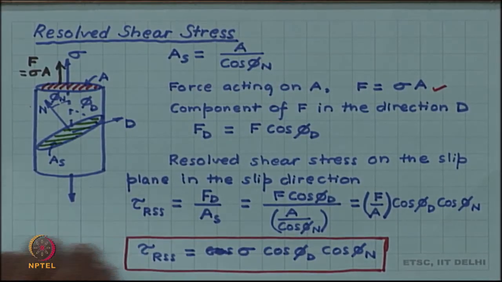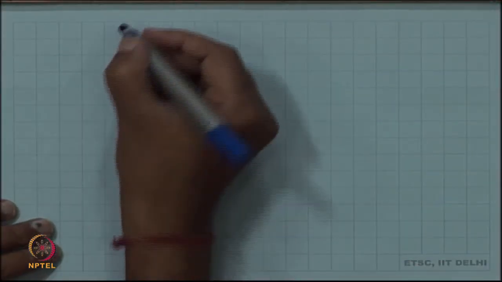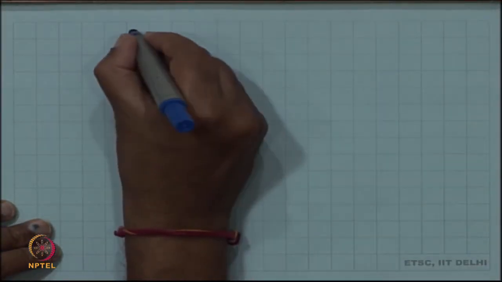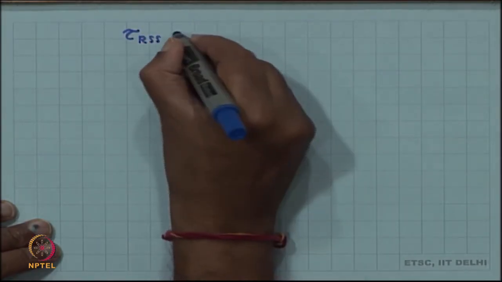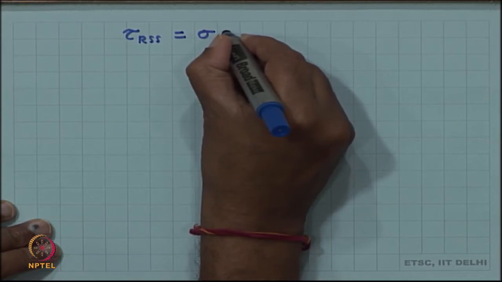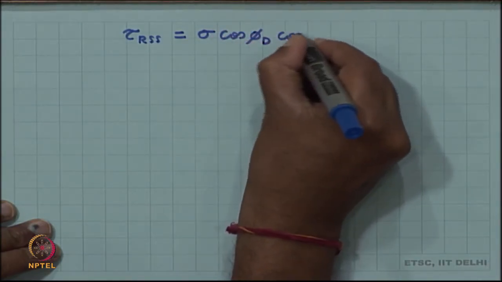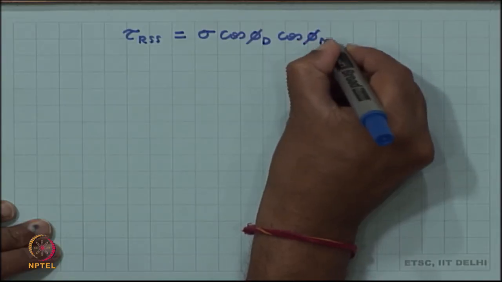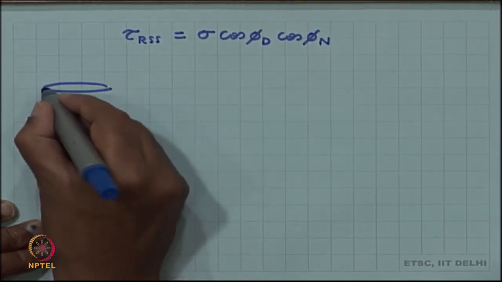Let us look at some of the consequences of this relationship. We have tau RSS is equal to sigma cos phi d cos phi n, and this is our sample.